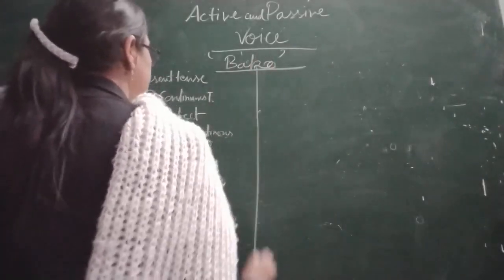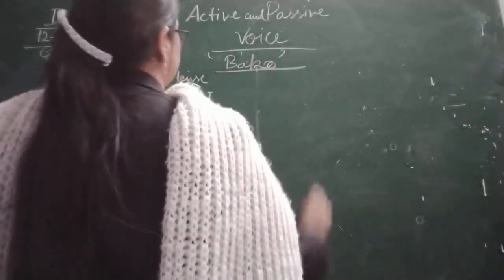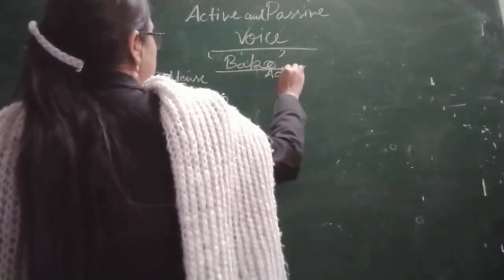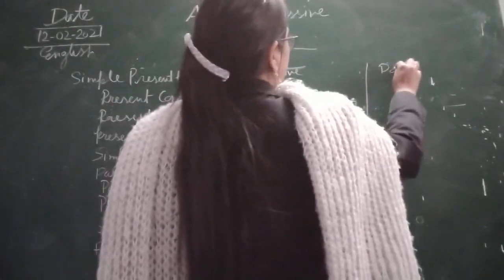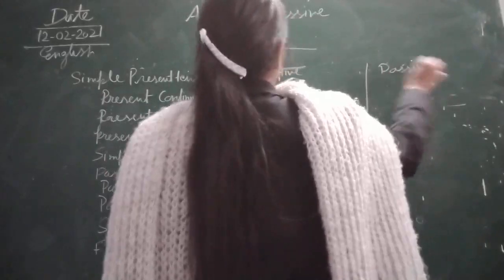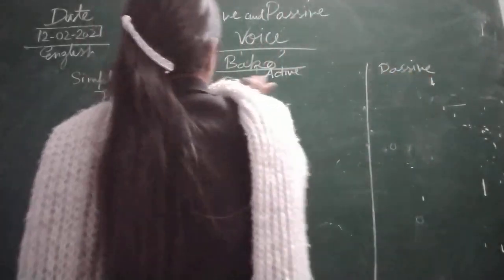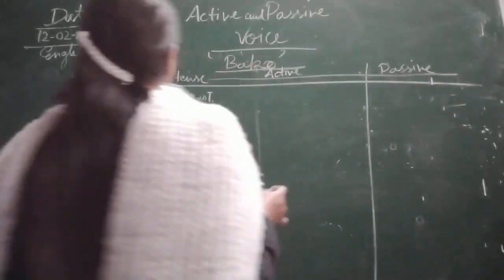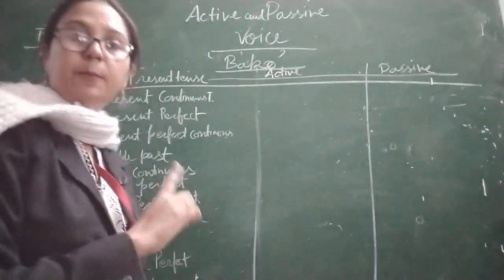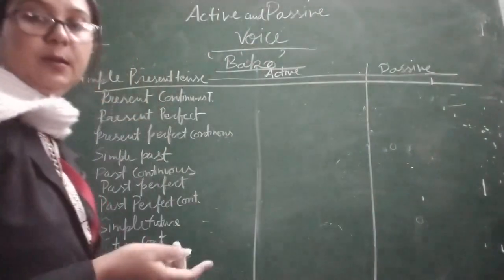Now we will make this in active and passive voice. This is active voice and this is passive voice. So how will we change this sentence? Okay. First of all, in simple present tense, bake, what will we write? Bake.